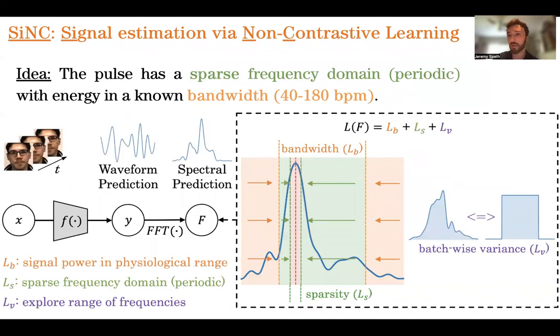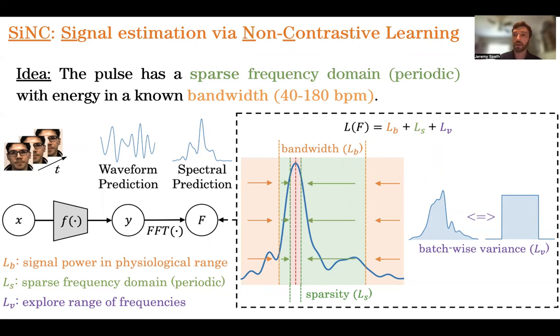Our method, which we call SiNC, signal estimation via non-contrastive learning, we're really exploiting some prior knowledge we have on the problem. So if we're looking for periodic signals like the blood volume pulse, we know that if you look at its frequency content, it's actually quite sparse. So there's a very strong periodic component, which means that very few frequency values are usually occupied.